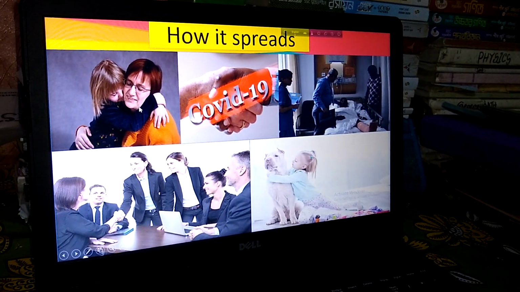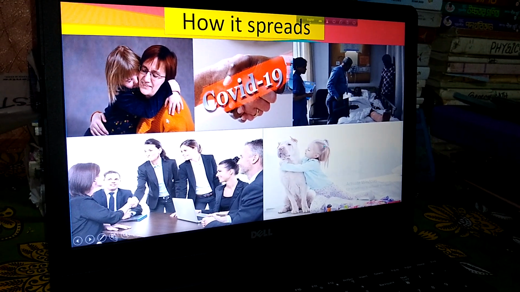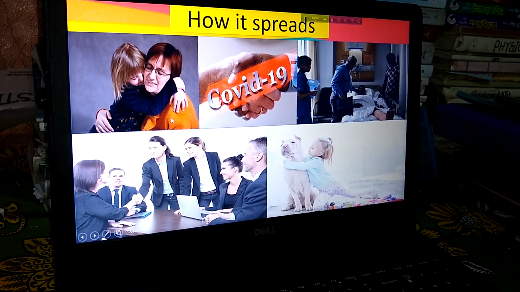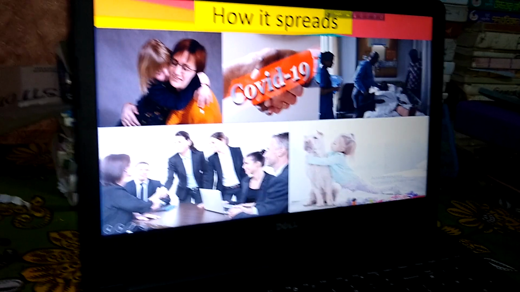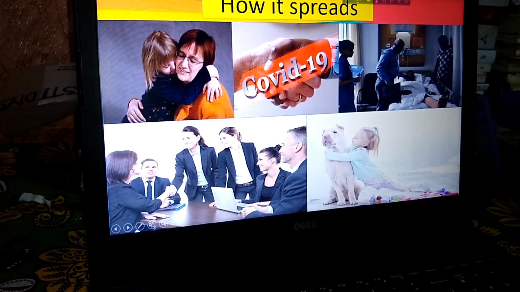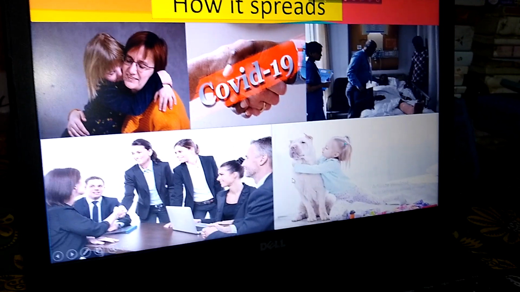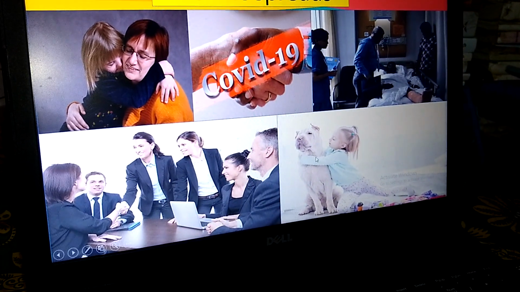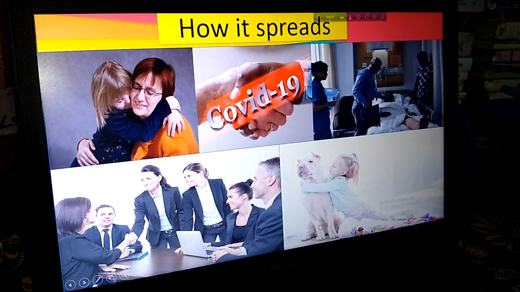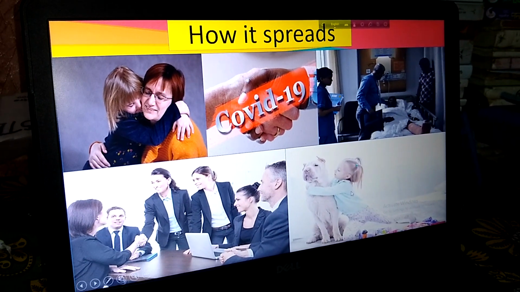Parents, sometimes we hug our children after coming home from outside, and in this way it can spread also. And there is another picture. One girl is touching a pet animal. From pet animals also there is a chance to spread from animals to human beings.